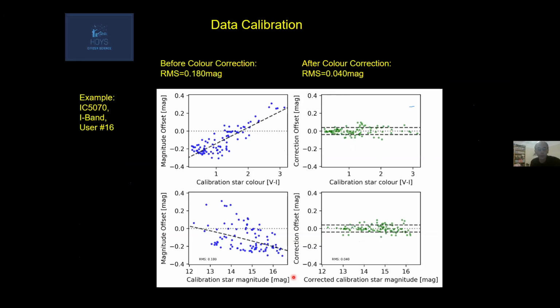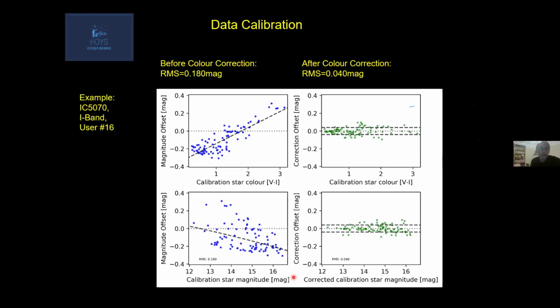One thing we do afterwards is because many of the telescopes have slightly different filters. So there's some people who have a green filter, or some people have DSLR cameras, so all the filters are slightly different. And what it causes is some scatter in the brightness measurements.